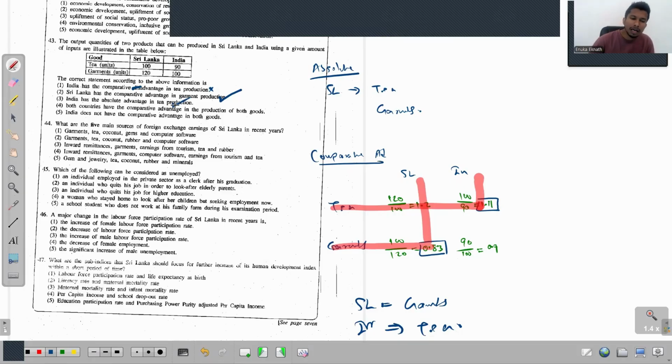No, Sri Lanka has absolute advantage in producing tea. Both countries have the comparative advantage in producing both goods. No, that doesn't happen. Fifth one, India does not have the comparative advantage in producing both goods. No, once again wrong. India has the comparative advantage in producing tea. So the answer for this question is the second one.